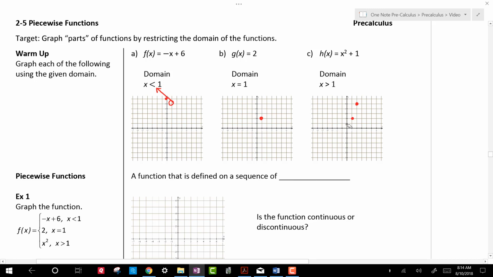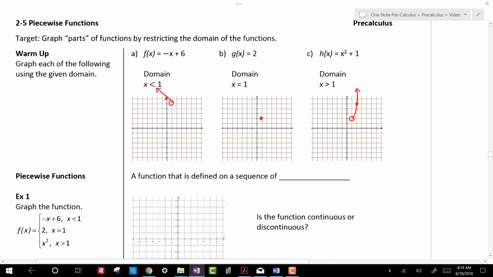I can erase this at 0, and then my point at 1 should actually be an open circle. So I can still use that same pattern of points to graph these, and I would end up with a parabola doing something like that. Just make sure you don't graph it as a straight line.